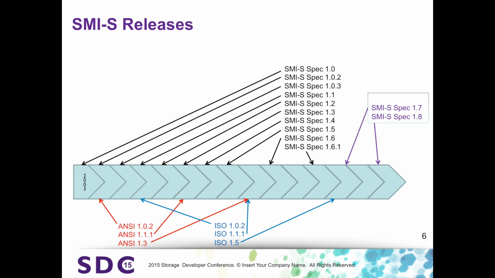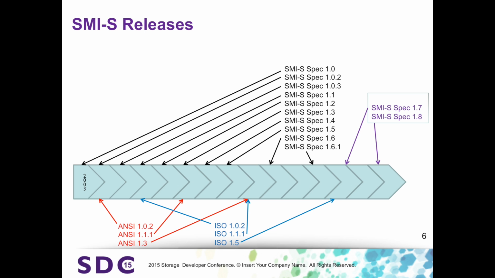This right here is the current timeline and when the specs have been released. Notice the 1.7 spec is imminently coming right now, and the 1.8 spec is being worked on as we speak. Notice that over time, we have had ANSI spec collaboration, and over time, ISO has been certifying the spec.